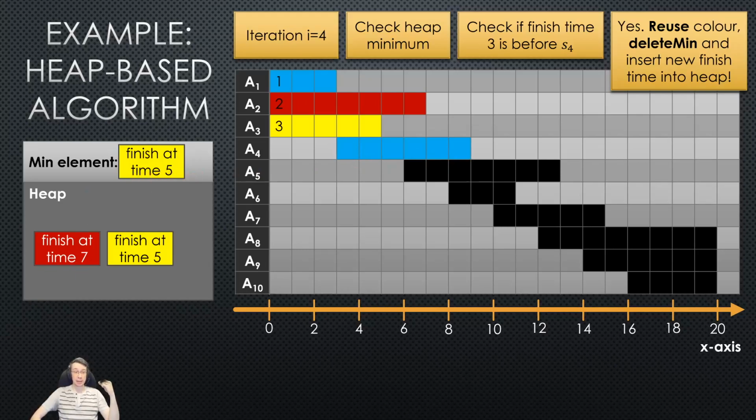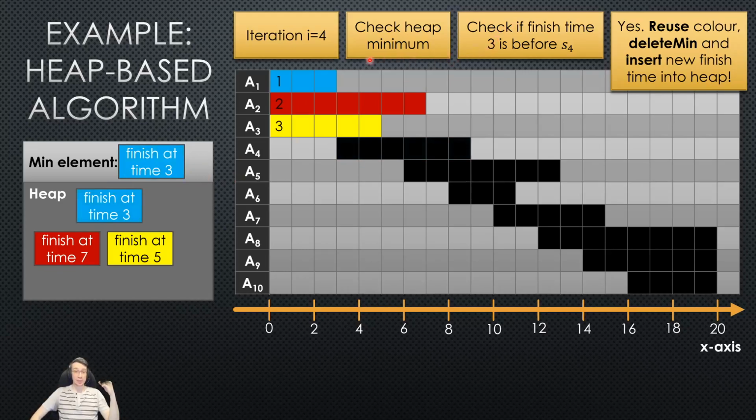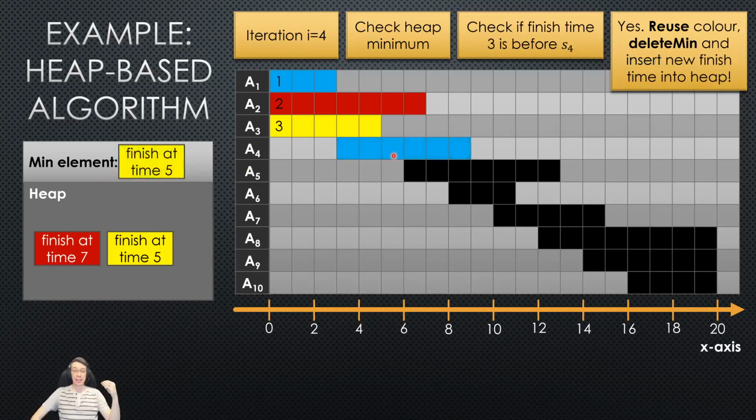We check the heap minimum, and our start time was greater than or equal to the heap minimum, so we can reuse it. We delete min, so we reserve the color by deleting it from the heap. And then we see what our new finish time is. It's 9. So we push that color back into the heap, inserting it with our finish time of 9.